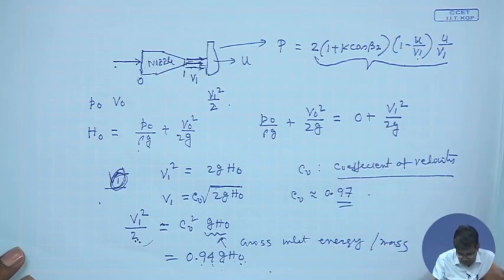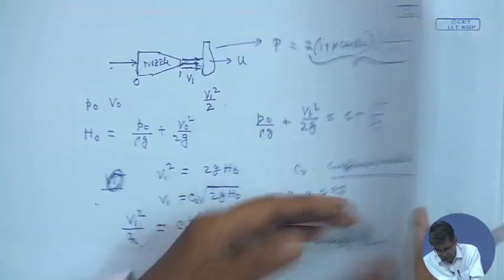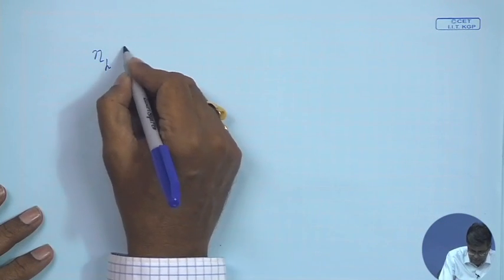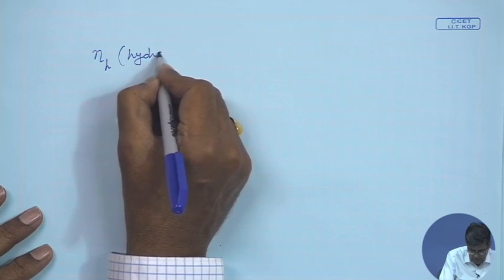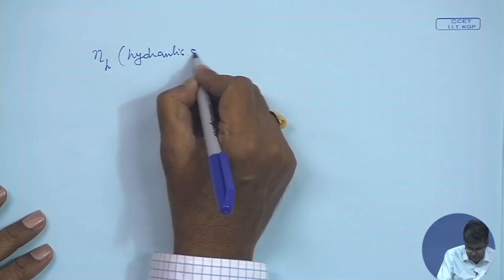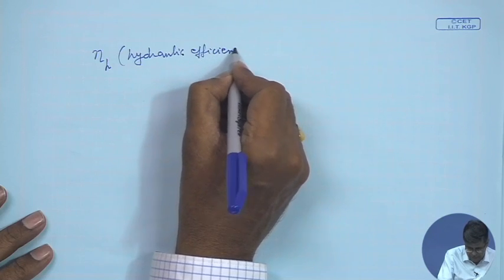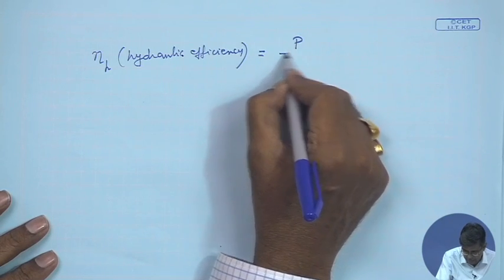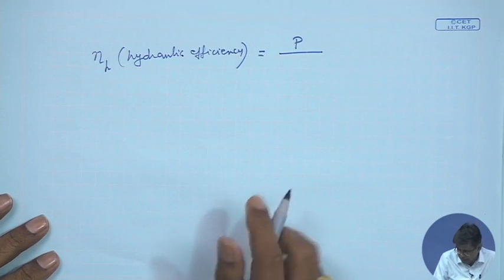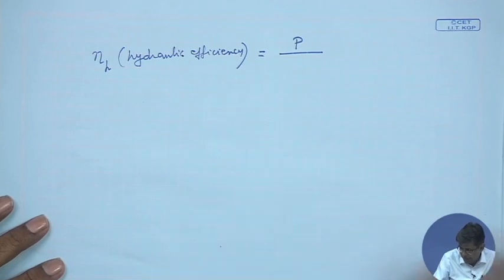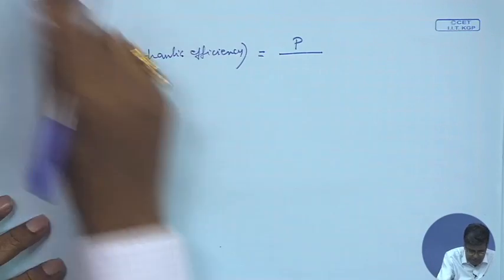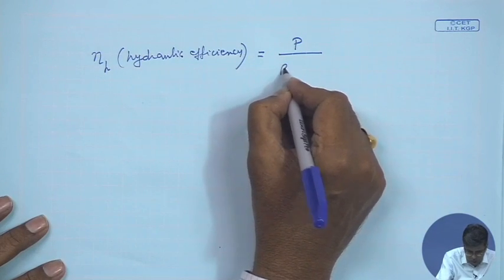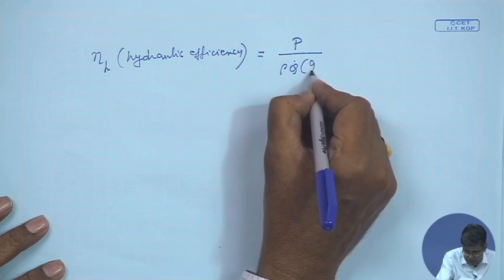And in this context, an efficiency is defined, that hydraulic efficiency, which we have already learned earlier. The hydraulic efficiency of the Pelton wheel is defined as the power developed by the rotor divided by the power, that is rho Q dot into GH0.